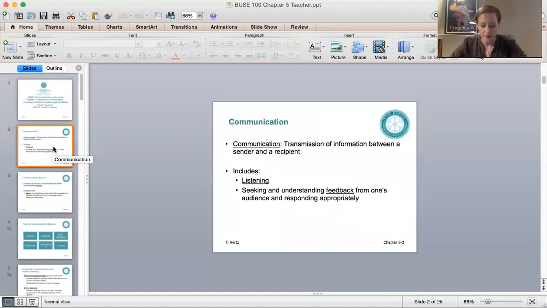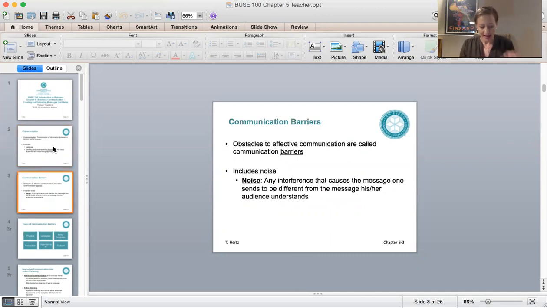So what are we saying when we're saying business communication? We're talking about transmitting information between the sender and the receiver. It includes listening, active listening, seeking and understanding feedback, responding appropriately. And there are always going to be obstacles to communication. We call these barriers, including noise.